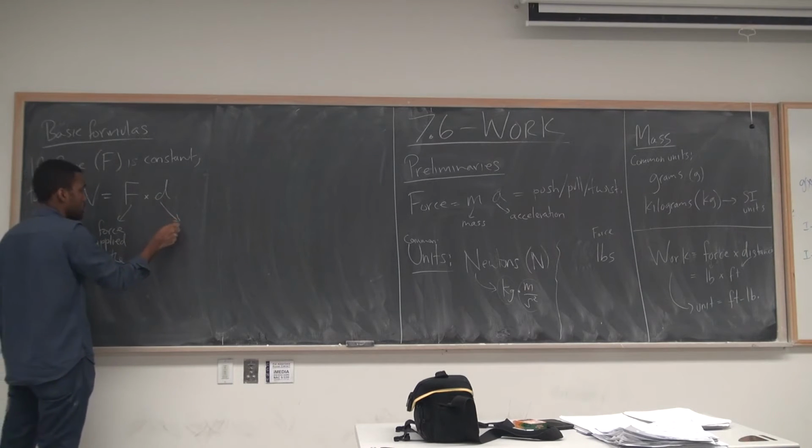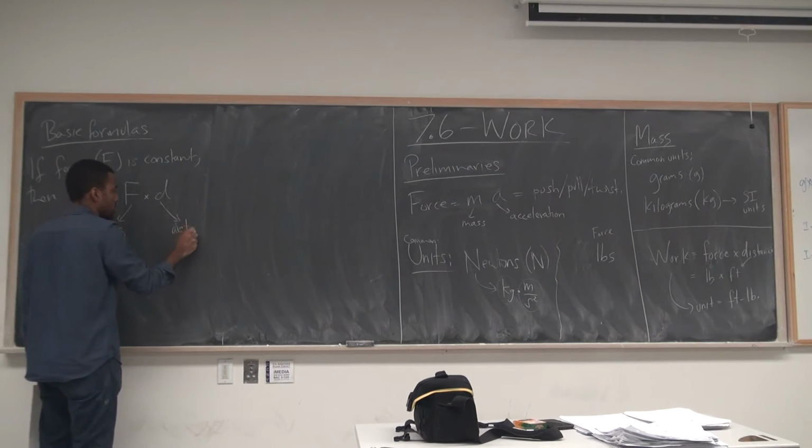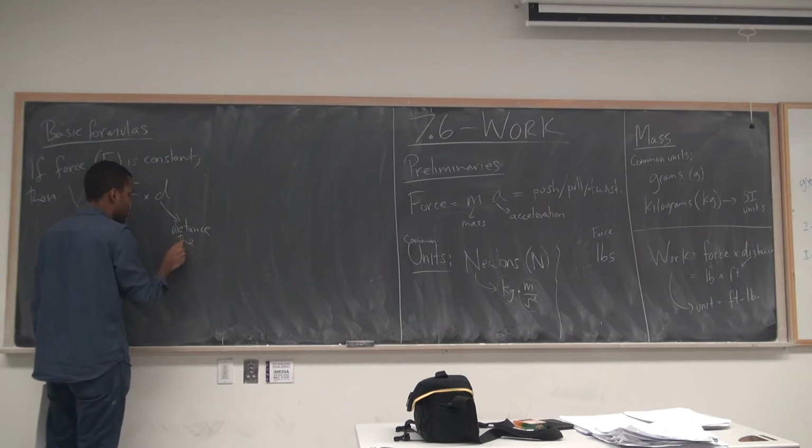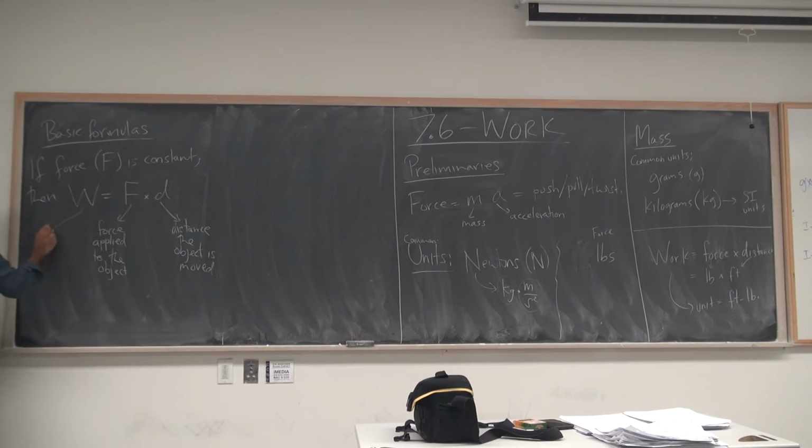This is the distance the object has moved. And W will be the work used in moving an object.